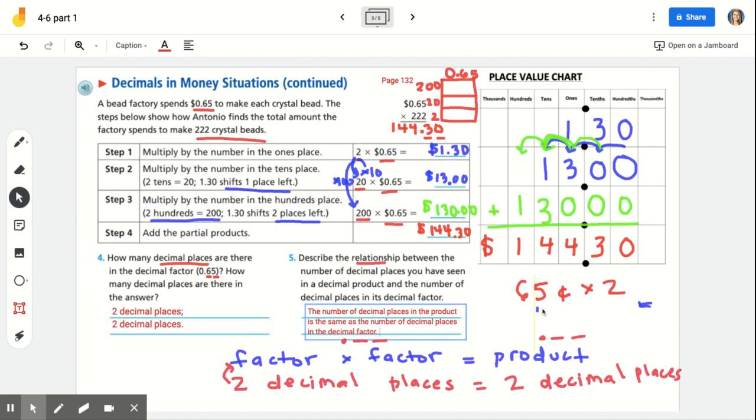Please have that rule written nice and clear for number 5 because we're going to refer back to it quite a bit as we begin to multiply with decimal numbers. We're going to always follow this rule. The number of decimal places in the factors has to be the number of decimal places in the product.